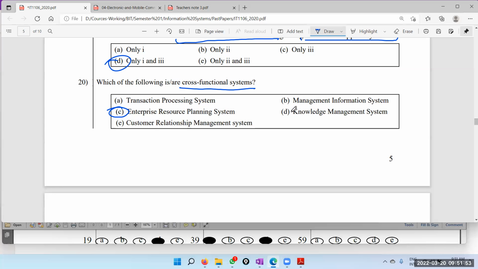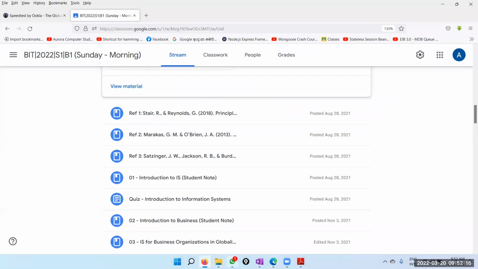What about the others? Management information system, knowledge management system. I think this was mentioned in your note. Cross-functional systems, because it's again a very fuzzy definition. You can't just look at it and say is this cross-functional or not. Let me open the note, okay, because I'm not very sure about this.